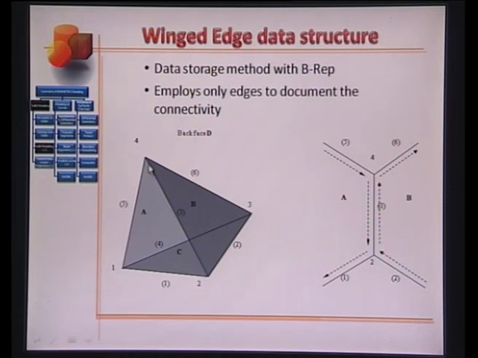This edge connects two vertices, vertex 2 and vertex 4. On one of the sides, there is face A, and on the other side, there is face B. So edge 3 here connects vertex 2 with vertex 4, and on one of the sides, we have face A, and on the other side, we have face B.